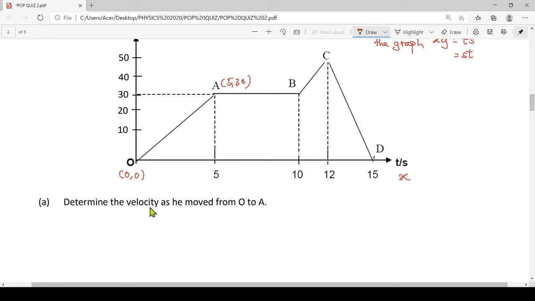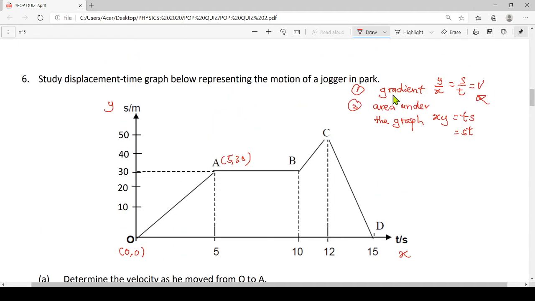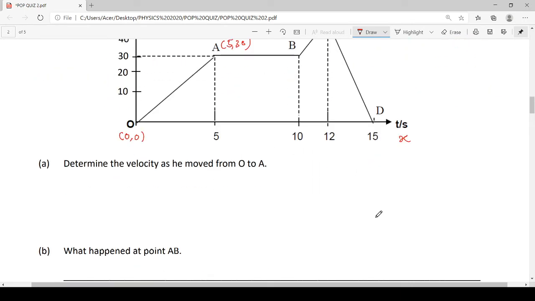So how do I find the velocity? Alright, velocity is the gradient of the graph. So velocity equals, okay, since we are familiar with y2 minus y1 over x2 minus x1, I will just write it as it is. Alright, so let's see our coordinates.